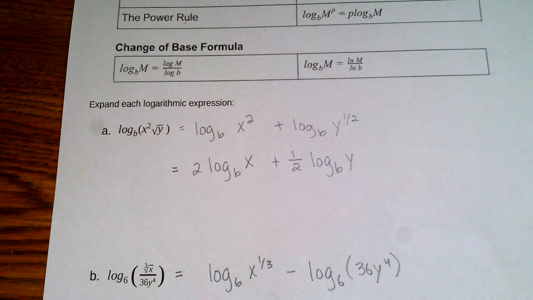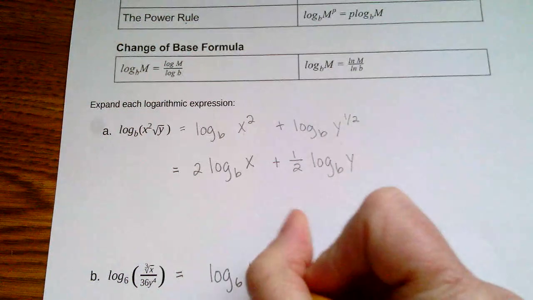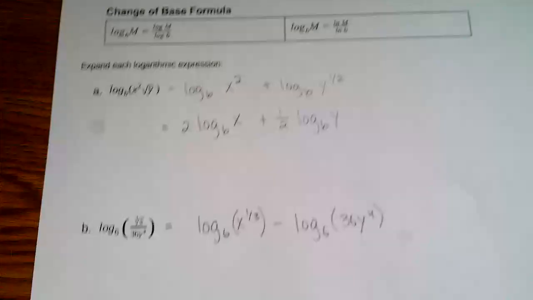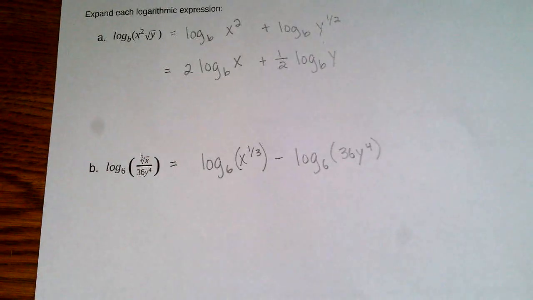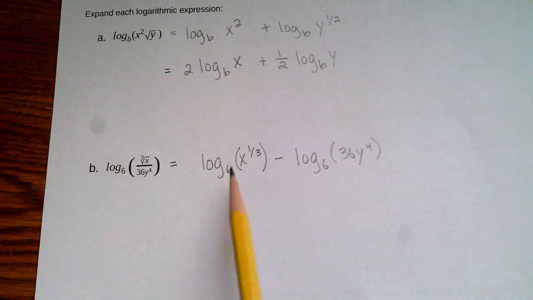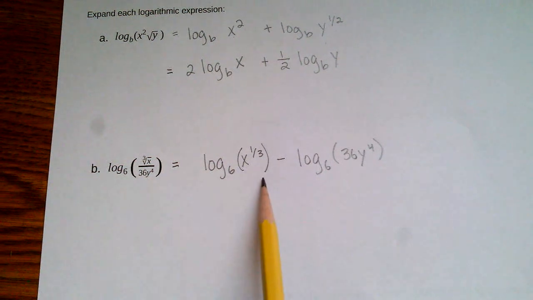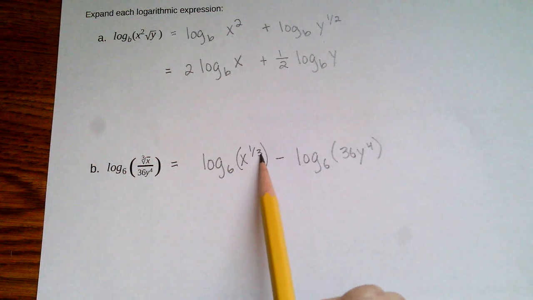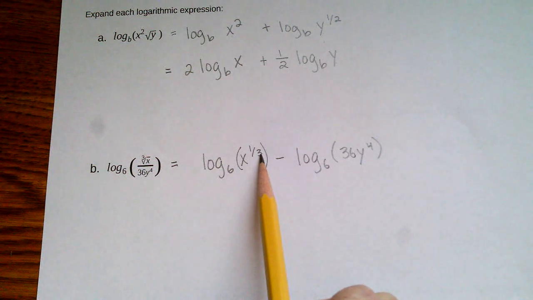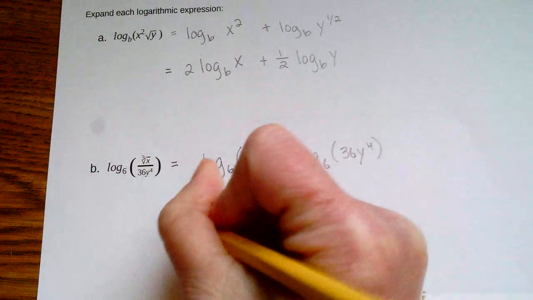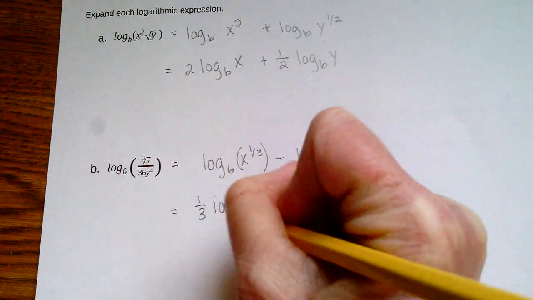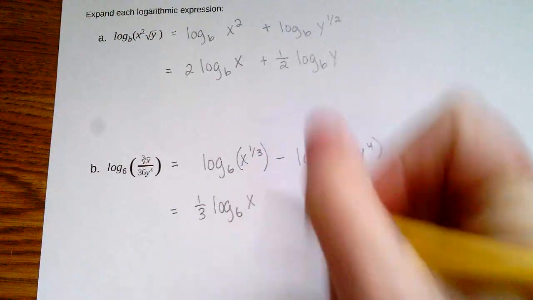I use parentheses more often than not to really delineate what my argument is. I think that can be important as you go along. Now I look at my first log expression and I see that I have a number raised to a power. So I'm going to use the power rule, and this becomes 1/3 log base 6 of x.